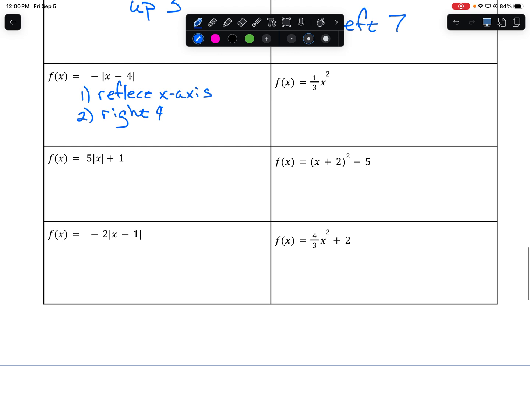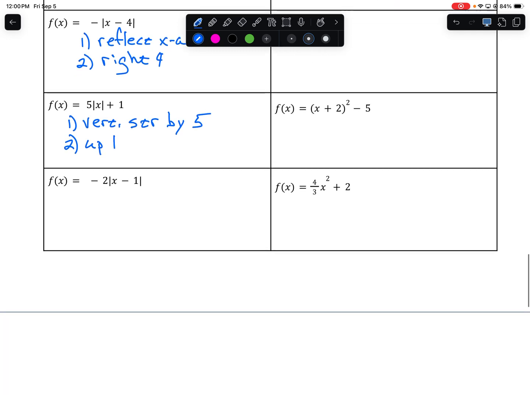Okay, how about the one below that? What's a 5 do? Vertical stretch by what? And then what's a +1 do? No, not left. It's after the function, so up 1. Good.